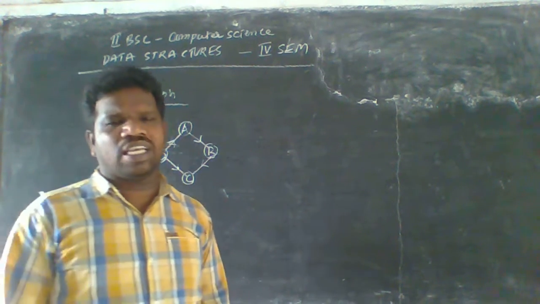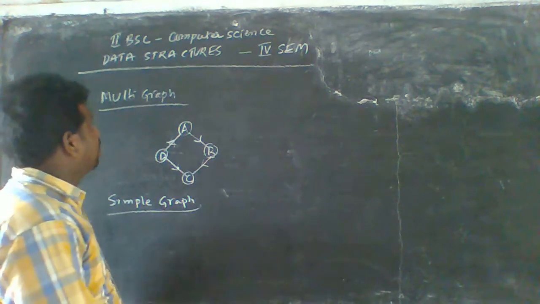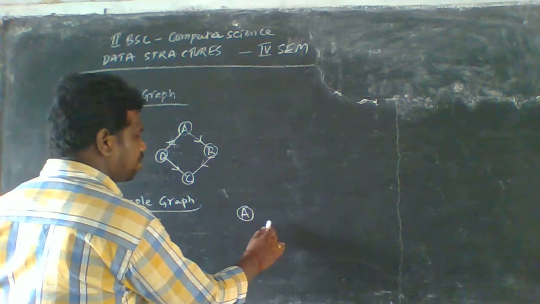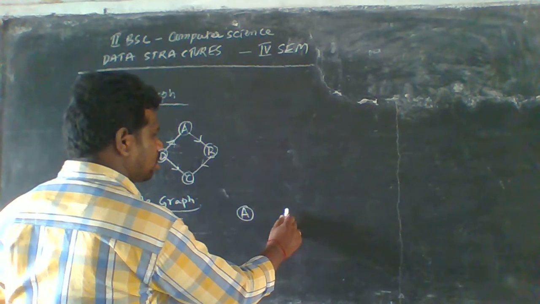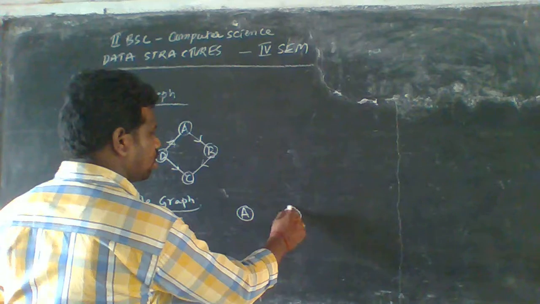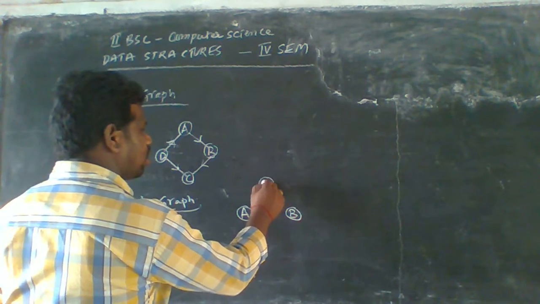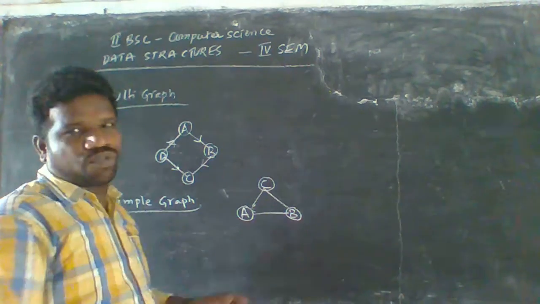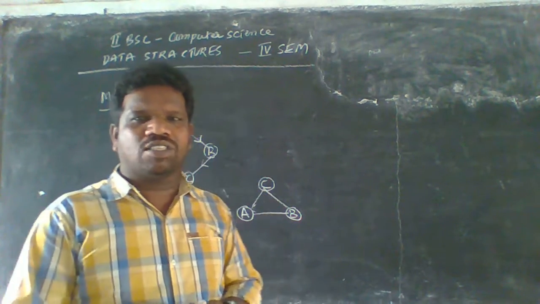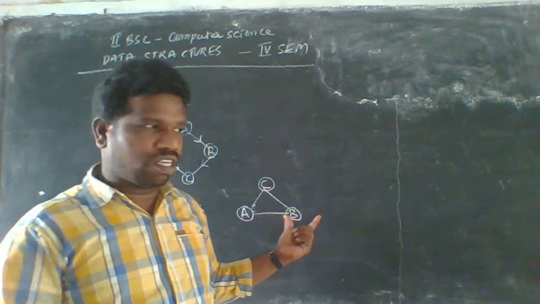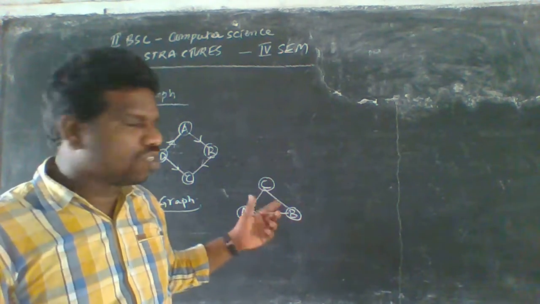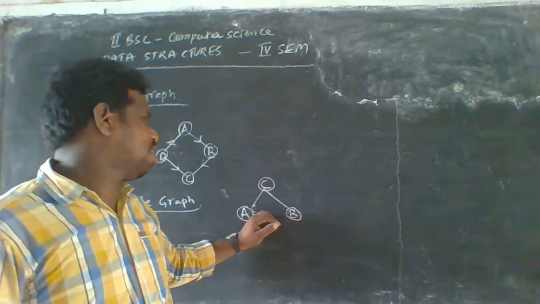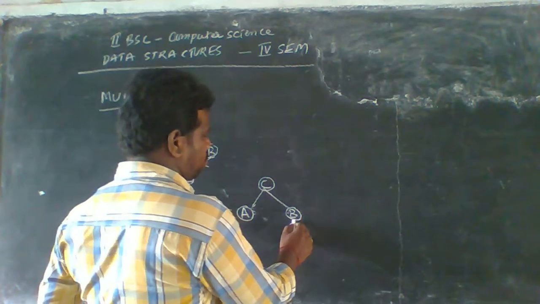We specify a graph like this. In this graph there are no parallel edges, so there are no parallel edges available here.